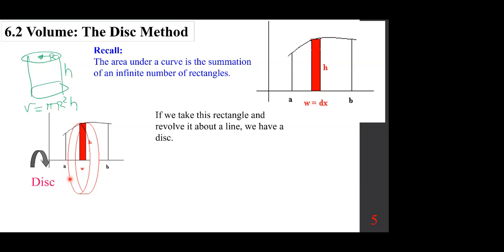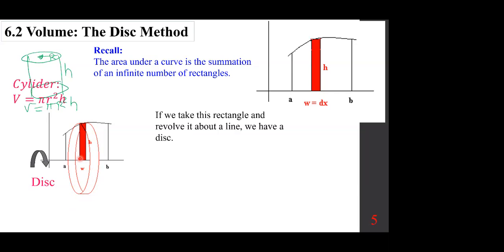Now, if we add them all up, in other words, we make more and more. Remember, this is a small strip, a typical increment of volume, which is the volume of this piece, pi r squared times dx. If we add them up, that means the Riemann sum, it becomes the total volume. And that means integration, class.